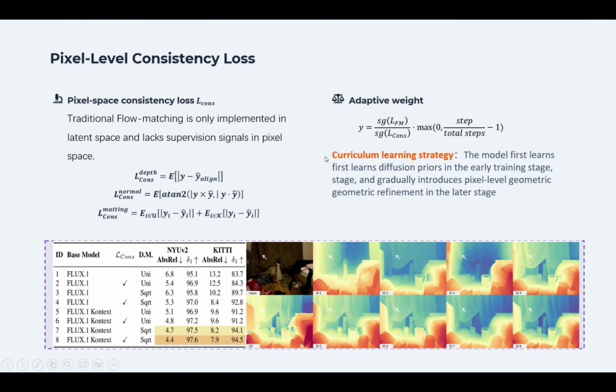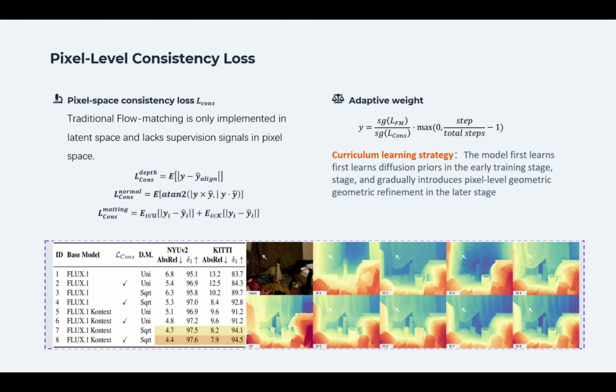And to use the 2 losses simultaneously, we use an adaptive weight to balance them. Because we found that if we directly add the pixel-level consistency loss into the flow matching loss, it is likely to get model collapse and the worst result.